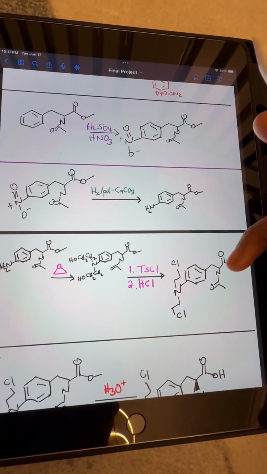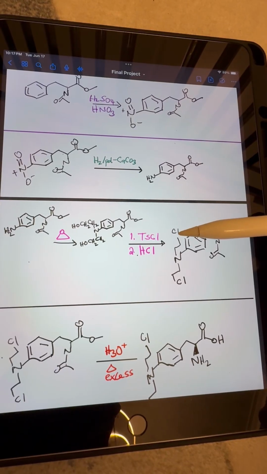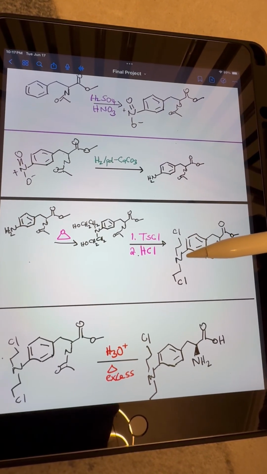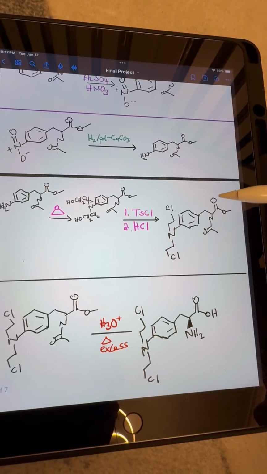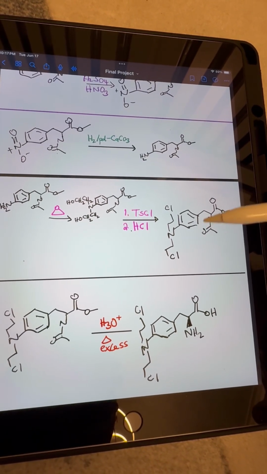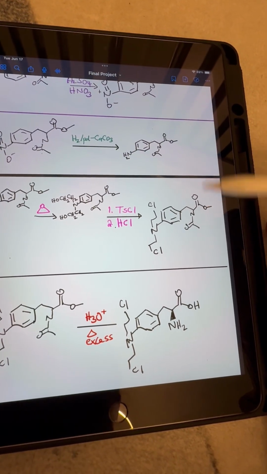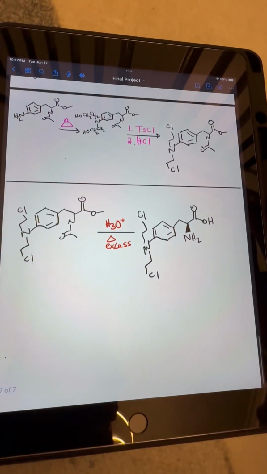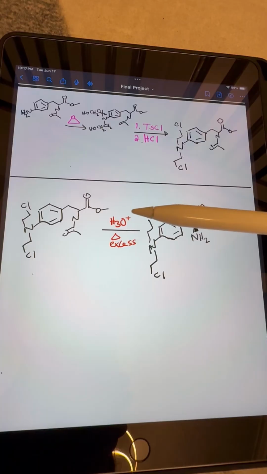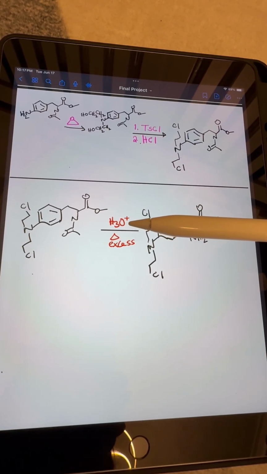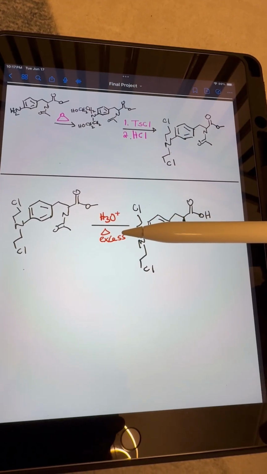And then, after I have this group added onto my nitrogen, I have to deprotect the ester and my NH2, basically my carboxylic acid and my NH2. In order to do that, I used a strong acid, H3O+, and heat with excess amount.